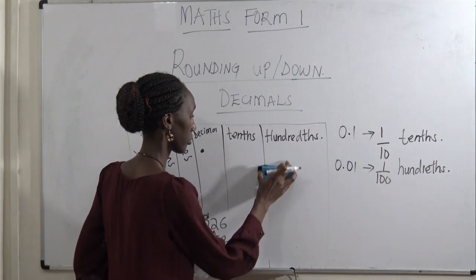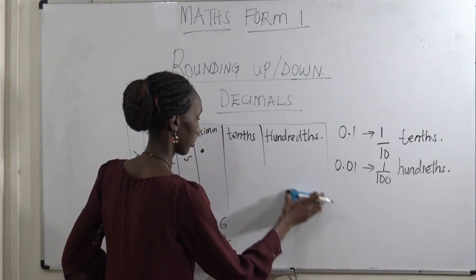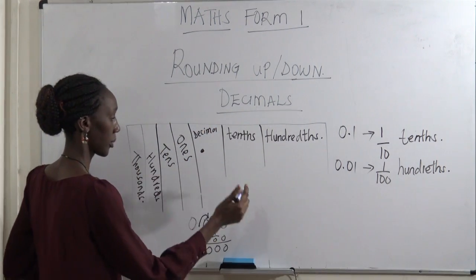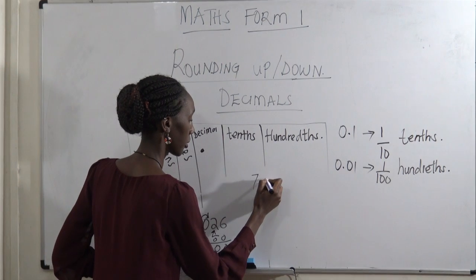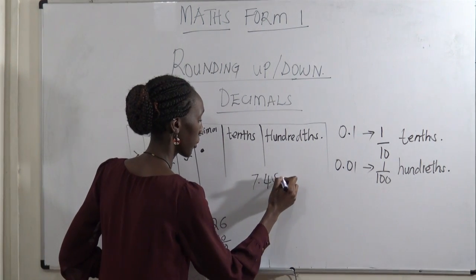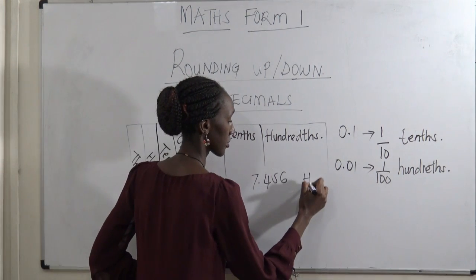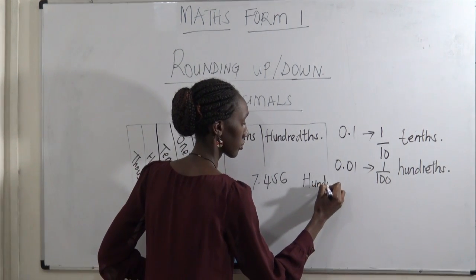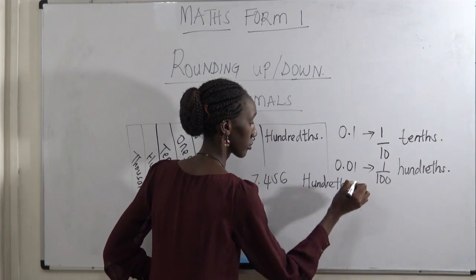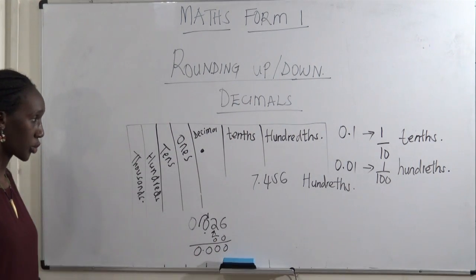Another example, I'm rounding 7.456 to the nearest hundredths. So in this case, what do I do?